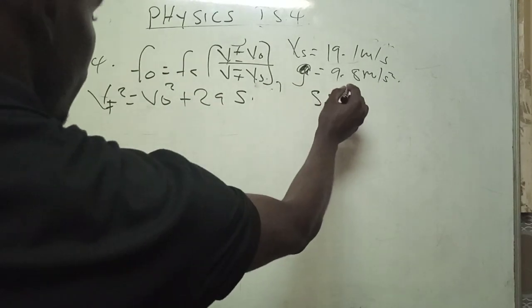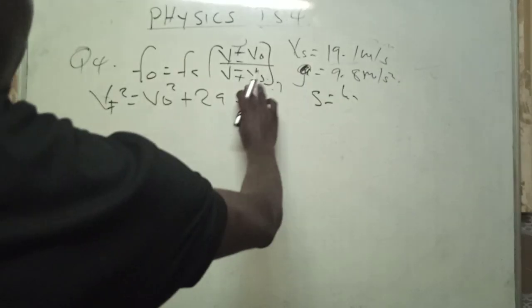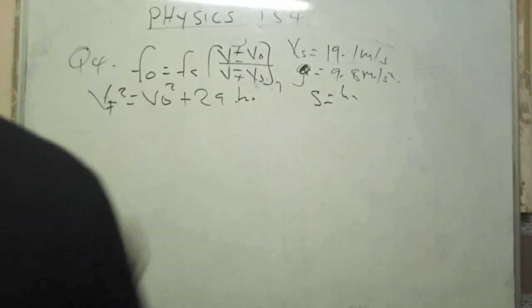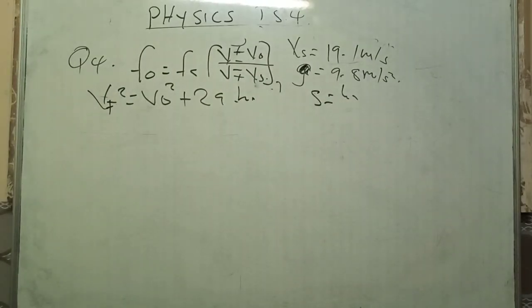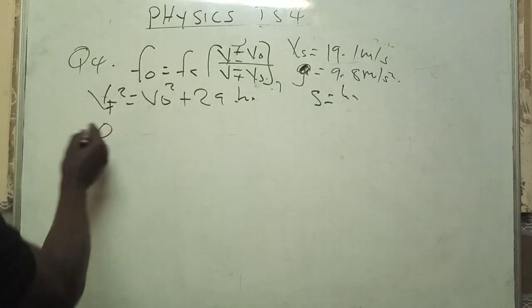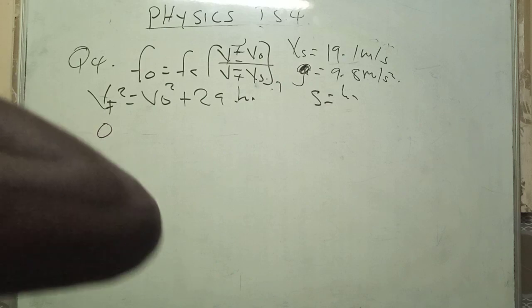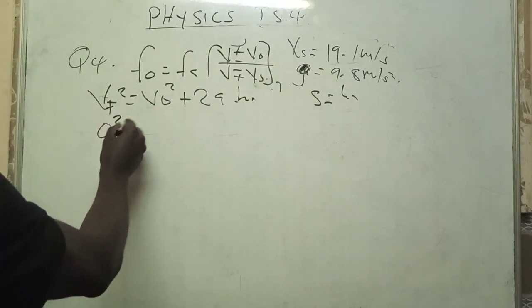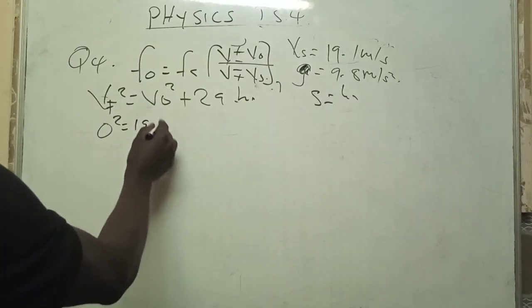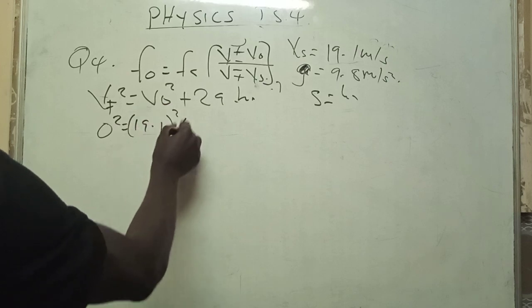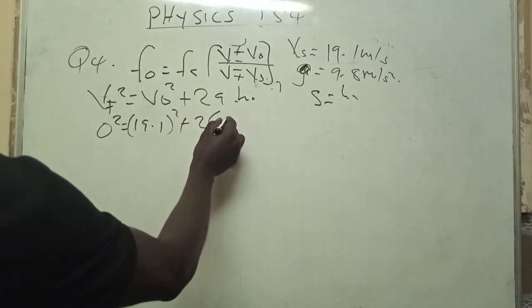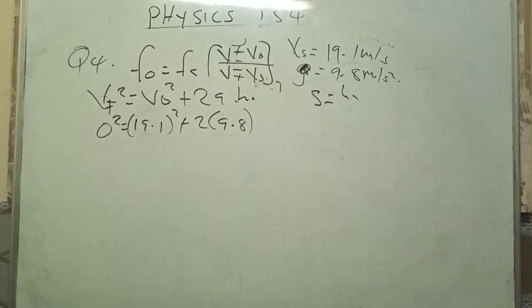My S in this case is the height, so I can replace S with H. Now, if we understand this question, the moment it reaches down, the final velocity is going to be 0. Meaning my V initial is going to be the velocity of the source there. So I'm going to have 19.1 squared plus 2 times acceleration, 9.8.